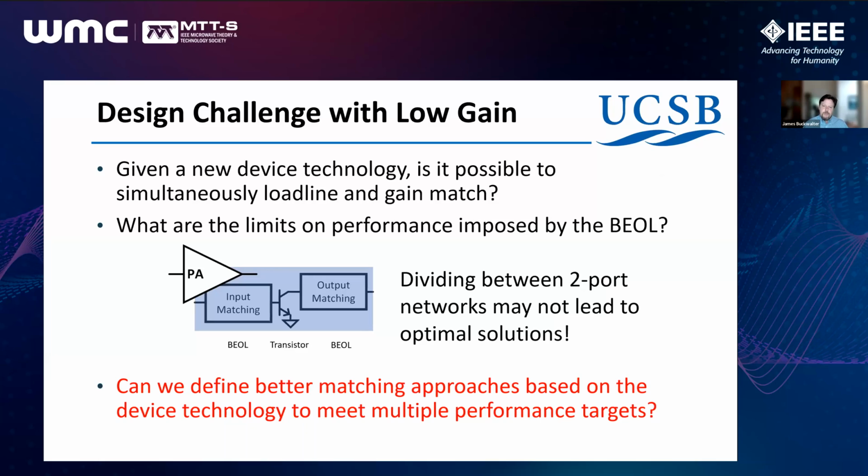In general, most people would think about this in terms of dividing it into matching at the input, matching at the output, and what are the lowest losses that might be possible for those input and output matching networks. But more generally, there might be better matching approaches that help us boost the gain of the device while simultaneously getting that load line matching and potentially even bandwidth from the transistor.